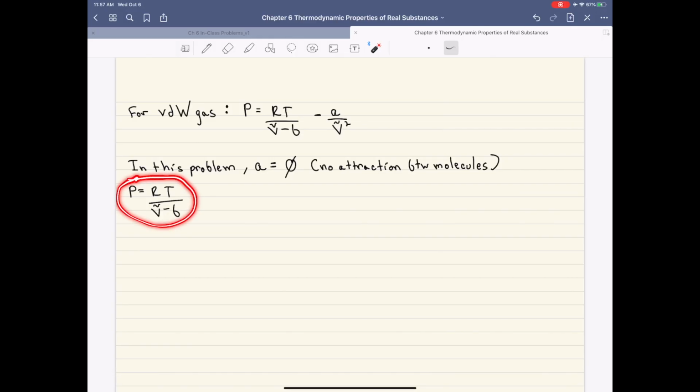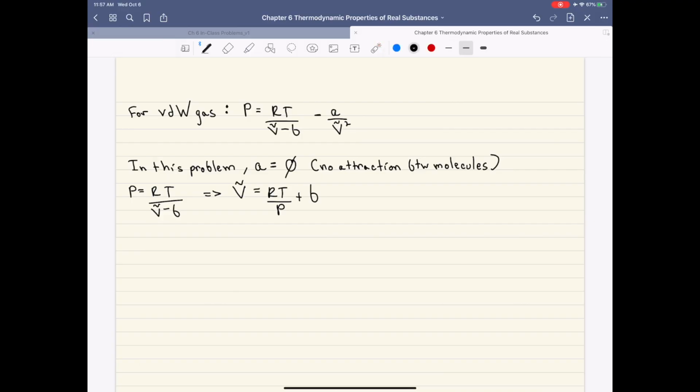What we want now is to rearrange it so that V is equal to stuff. If you go through the algebra, you'll get that V is equal to RT over P plus B. Because we turned off the attraction term, that made the algebra much easier.